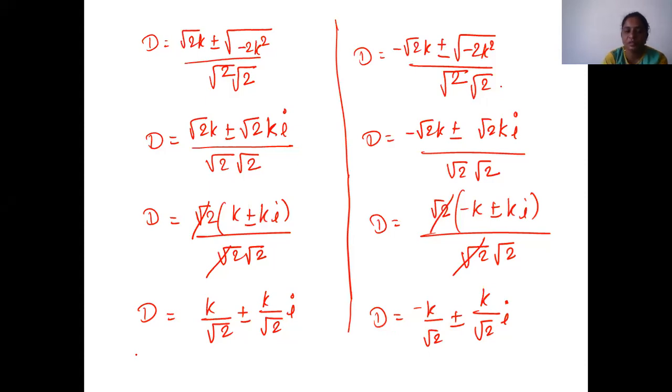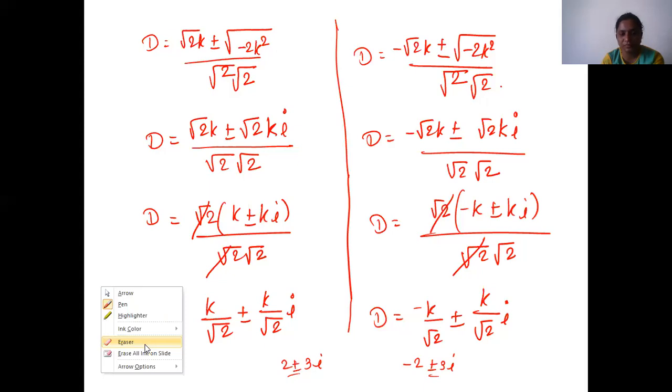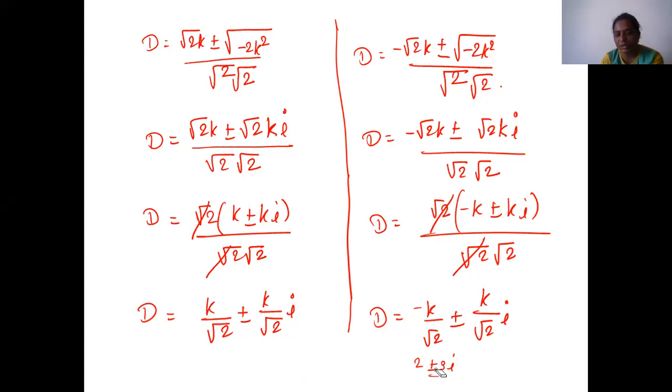They are different. k by root 2 is like 2 plus minus 3i, and with the minus sign it is like minus 2 plus minus 3i. This is plus 2, this is minus 2; this is in the first quadrant, this in the second quadrant. So the numbers are different: imaginary and different.